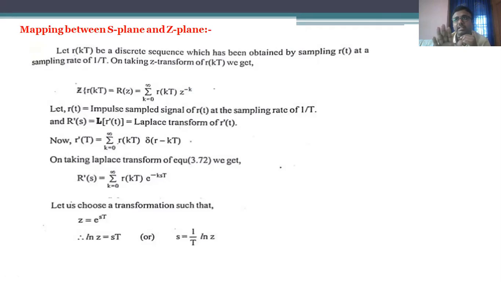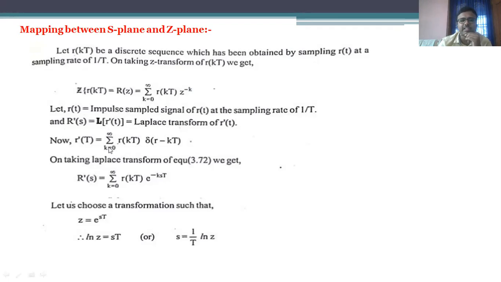That means we have obtained only the Laplace transform, not the Z transform. Therefore, R dash of t is nothing but sigma k is equal to 0 to infinity R of kT into delta of t minus kT. This is called the impulse sampled signal.